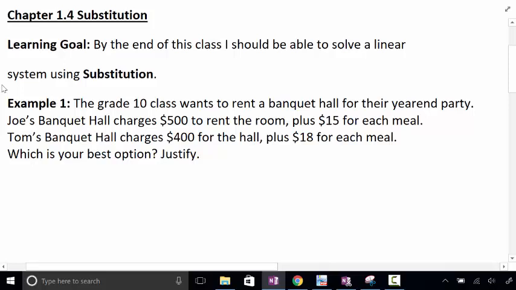So chapter 1.4, substitution. By the end of this class, I should be able to solve a linear system using substitution. Now, we learned how to solve a linear system the other day. And how do we solve it? By graphing.